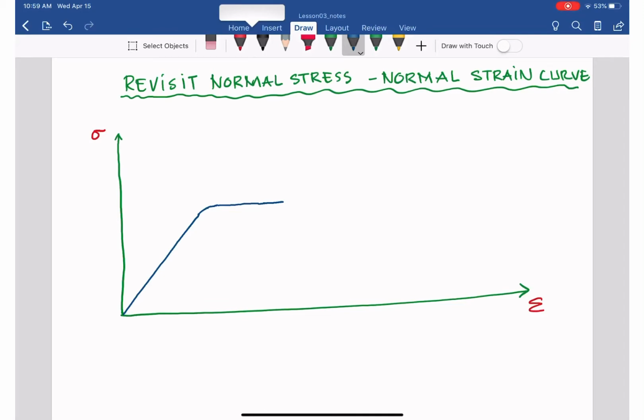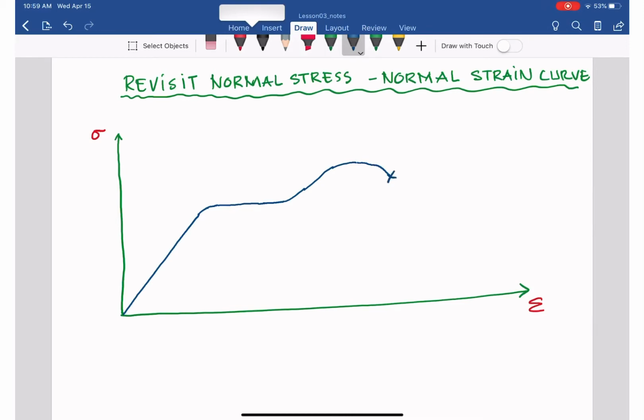If we continue increasing the load, the material keeps yielding. At some point it reaches a maximum stress. Even if we reduce the stress, the material keeps elongating, and at some point the material breaks. That point we call rupture, and it stops there.